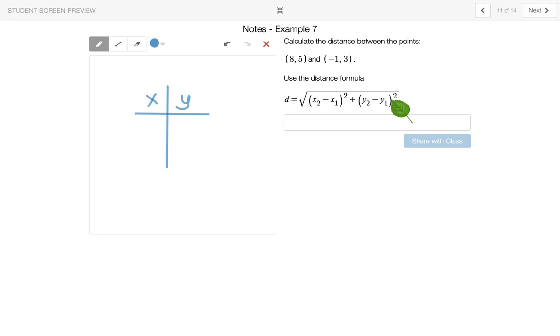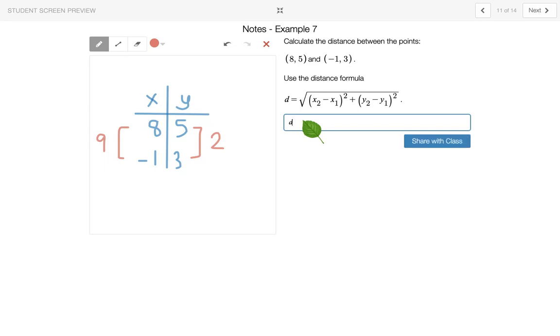Okay, so hopefully you paused the video to see how you did. 8, 5 goes here in the table, -1, 3 goes here. And now we simply want to know what's the horizontal distance and what's the vertical distance between these 2 points. So these 2 points are 9 apart horizontally and they're 2 apart vertically.